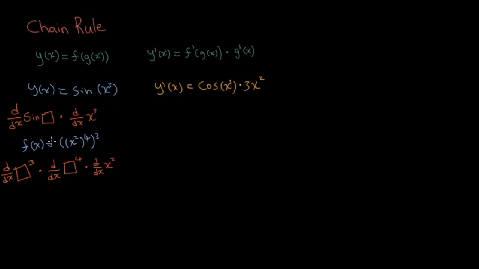Now, of course, a much simpler way to do this would just be to multiply these exponents. So simplify this function first by multiplying these exponents. We get a much simpler function f(x). So 3 times 4 times 2 is just 24, so x to the 24. And then we can easily get the derivative from that: 24x to the power of 23.